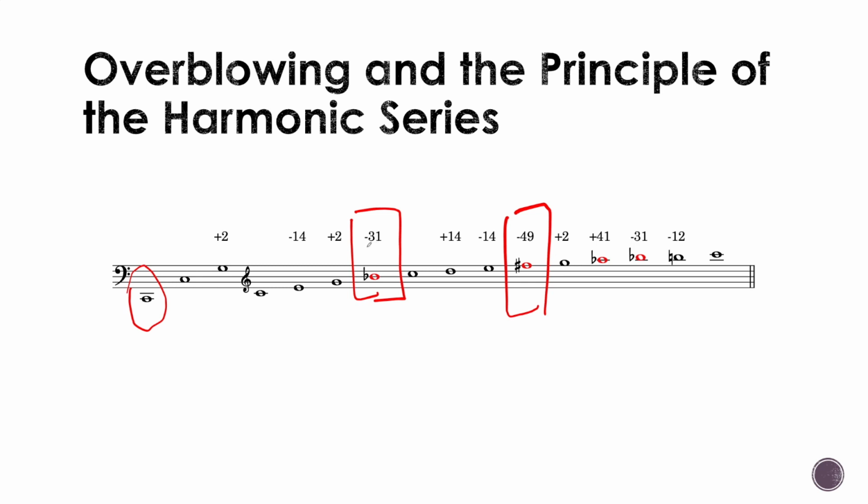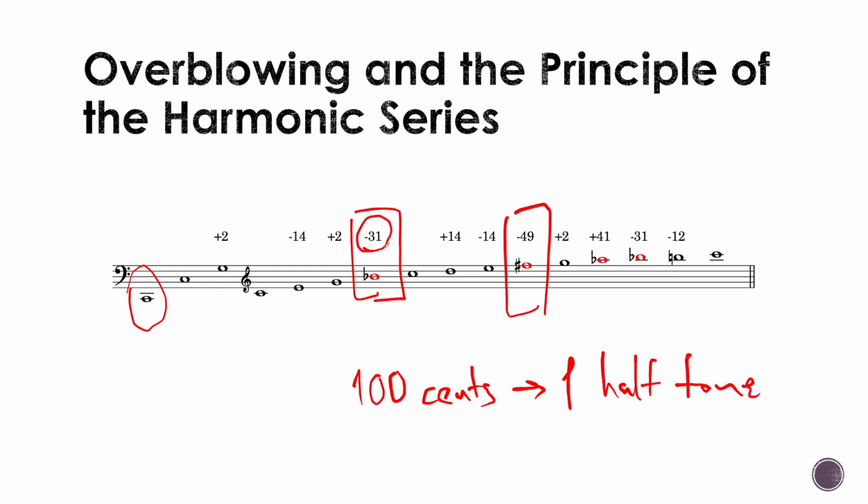This one is 31 cents, as you know. 100 cents correspond to one half tone. So this means a third of a half tone, and this one is half of a half tone. That means this is a quarter tone. This pitch, F sharp, is exactly between F and F sharp.